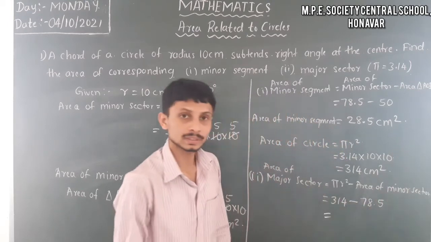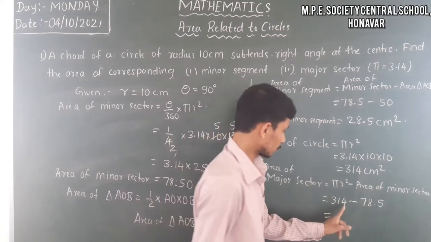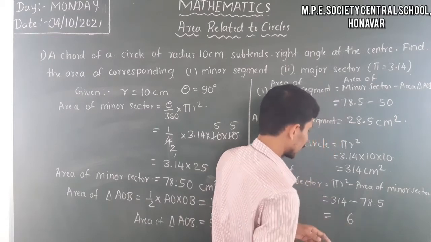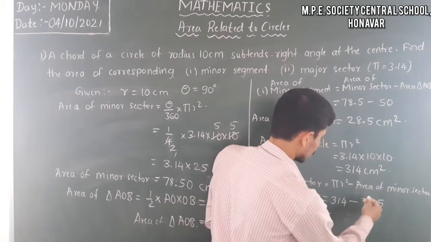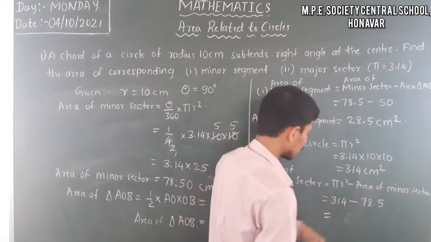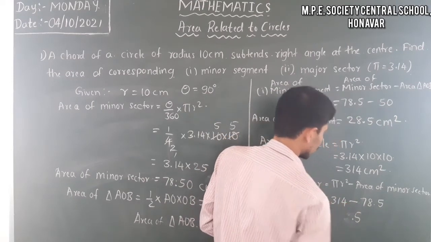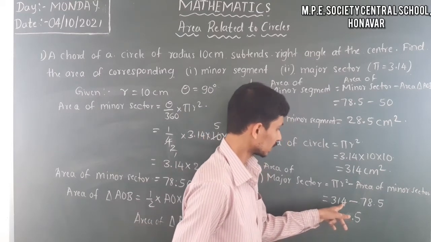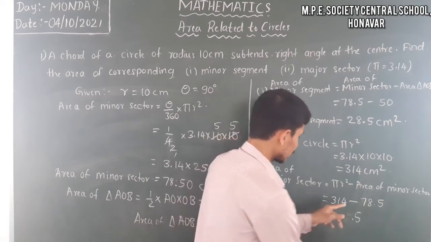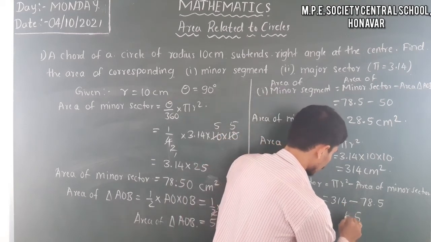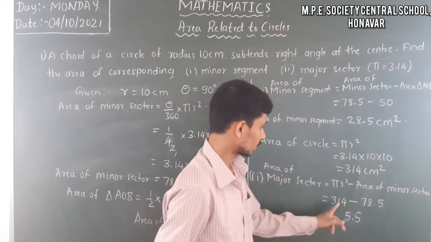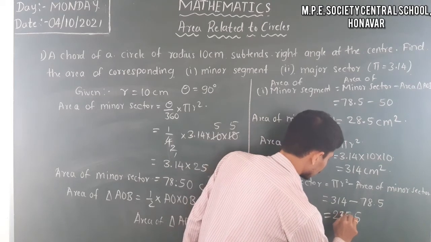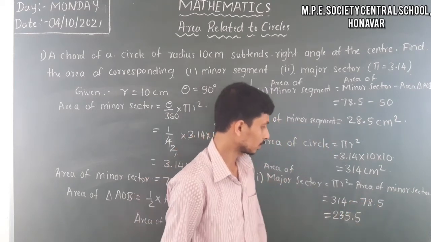So we have to subtract it. 314 minus 78.5 gives 235.5.